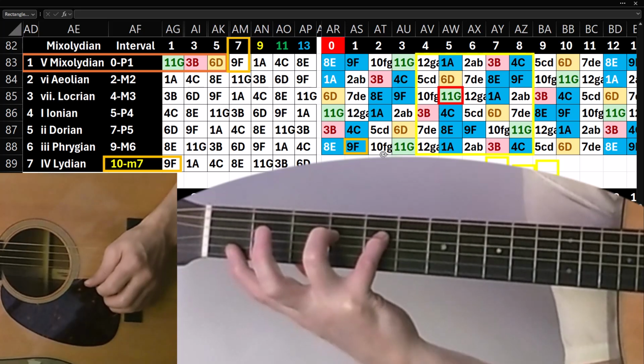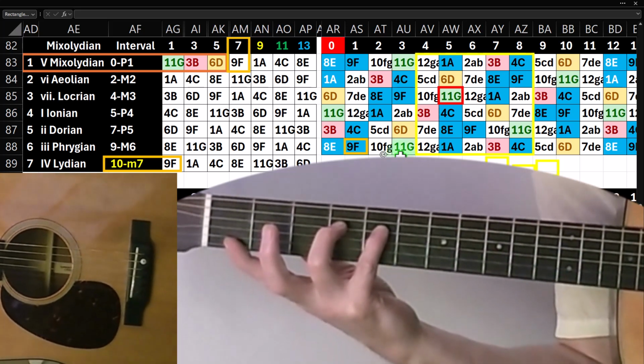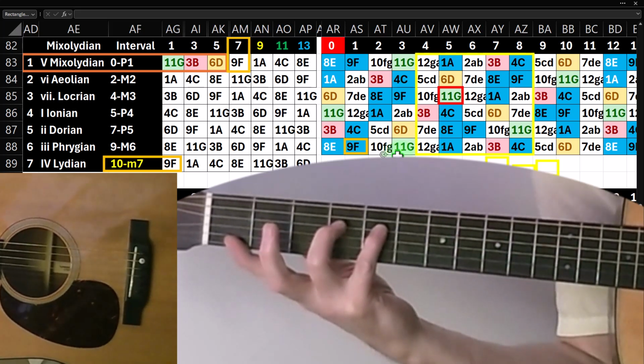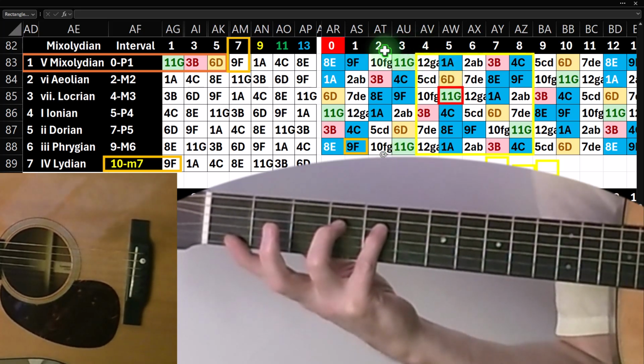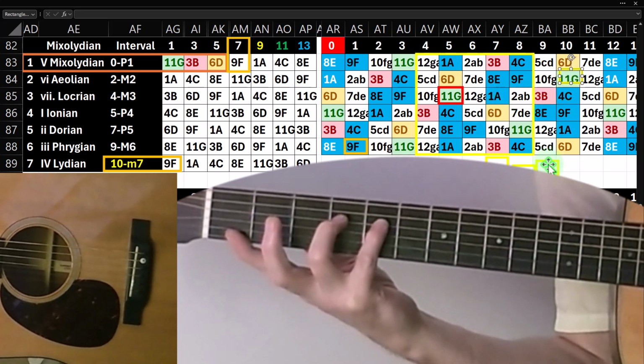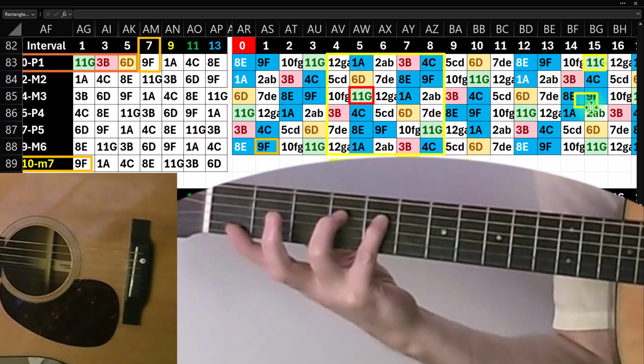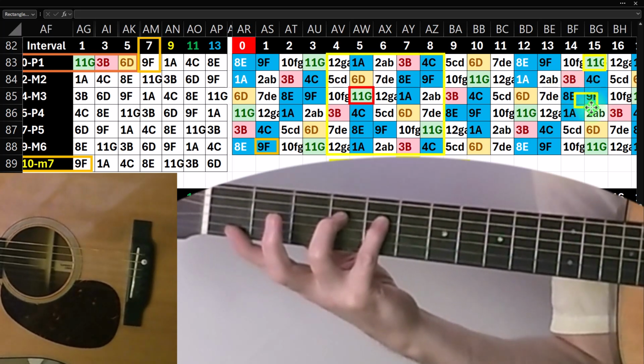All right, so that means if I go down 3 strings and cross the fault line, the 10 note away minor 7 will be 1, 2, 3, 4 frets back. Now if I don't cross the fault line, which would happen on like the top string, which is way over here, and I go down 3 strings, then it would be 1, 2, 3.